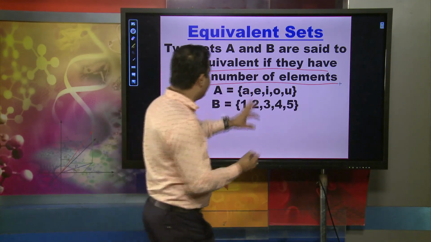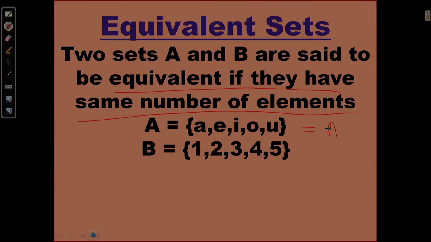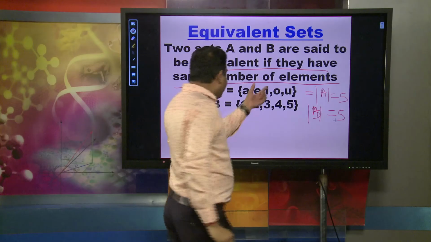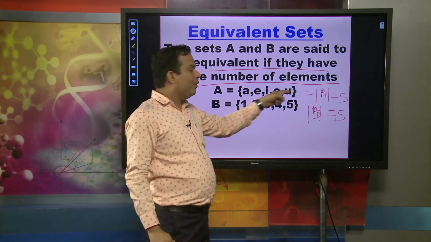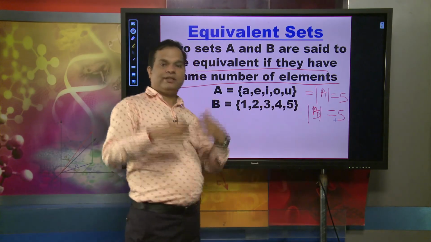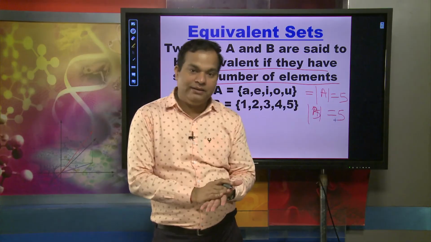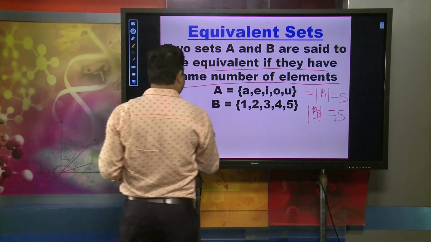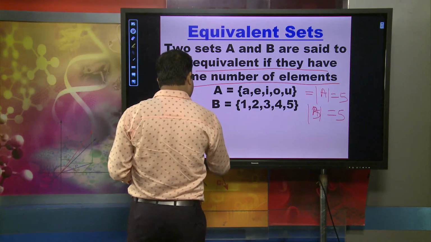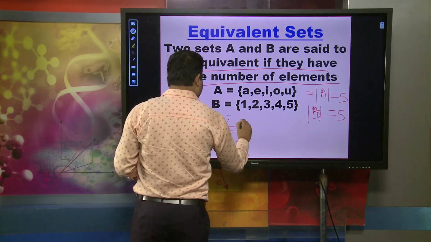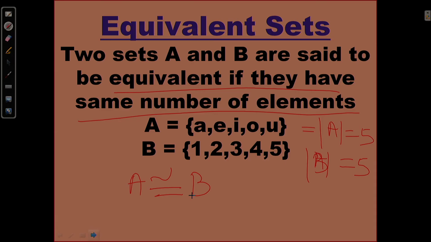Like if set A has 5 elements, the modulus of A equals 5, and set B also has 5 elements, but the elements are different. Here A is the vowels A, E, I, O, U, and the second set is 1, 2, 3, 4, 5. The elements are different, but the number of elements is the same. So we can say set A is equivalent to set B.